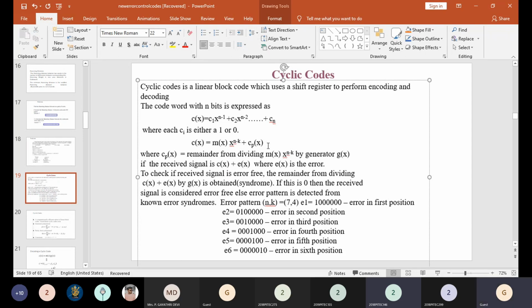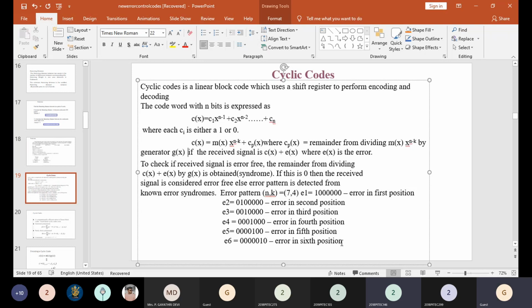And last but not least, E7 is equal to 0 0 0 0 0 0 1, an error in the seventh position. So this is the error pattern.